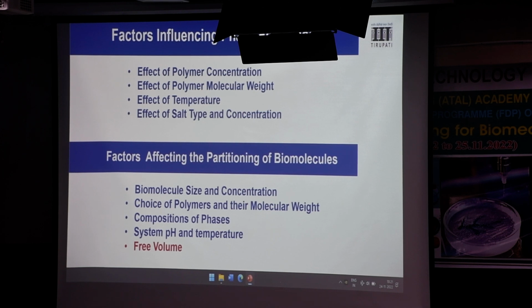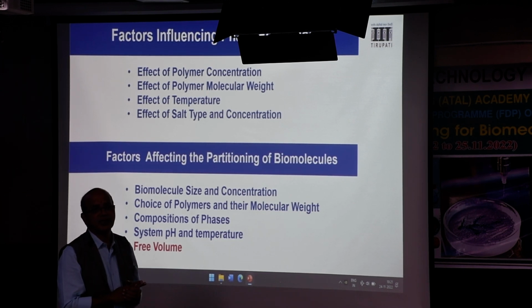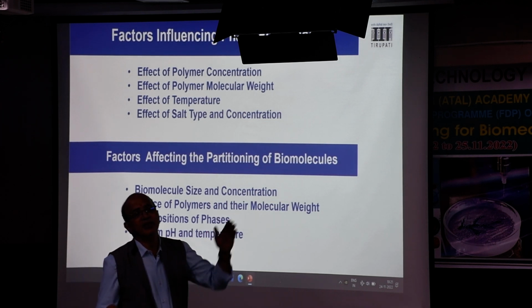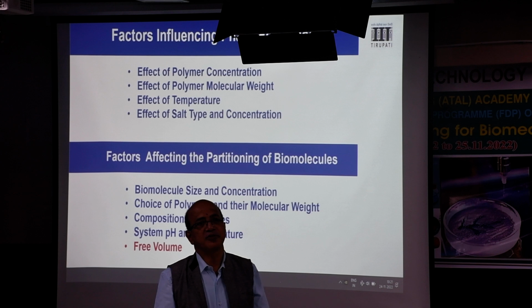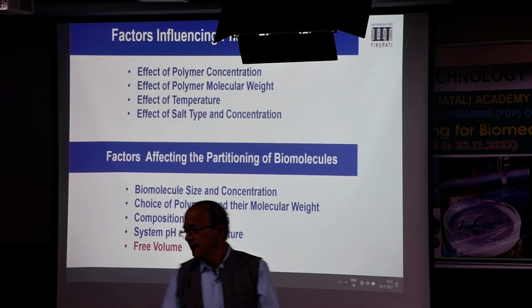There are several factors that influence the phase formation, that is polymer concentration and its molecular weight. For example, in the previous tie line you have seen, as you move away from the binodal, that is the critical concentration, it is easier to form the two phases, but the problem is physical properties also change, viscosity will change.